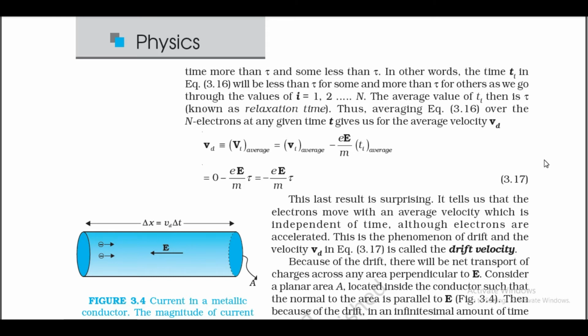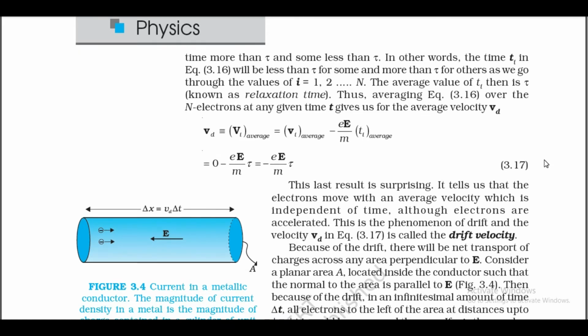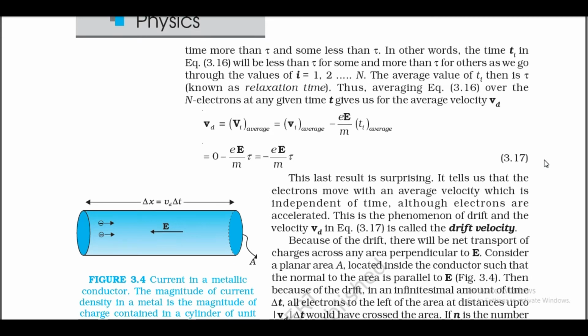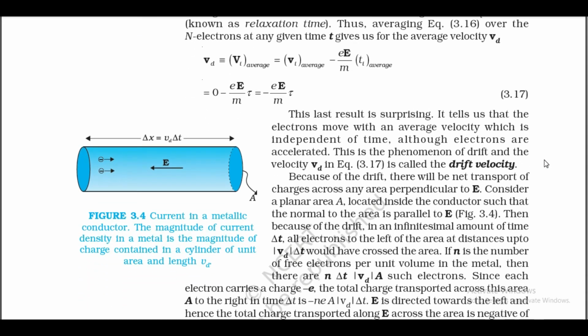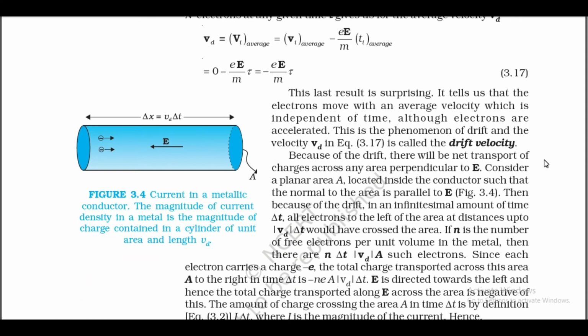This last result is surprising. It tells us that the electrons move with an average velocity which is independent of time, although electrons are accelerated. This is the phenomenon of drift, and the velocity v_d in equation 3.17 is called the drift velocity.